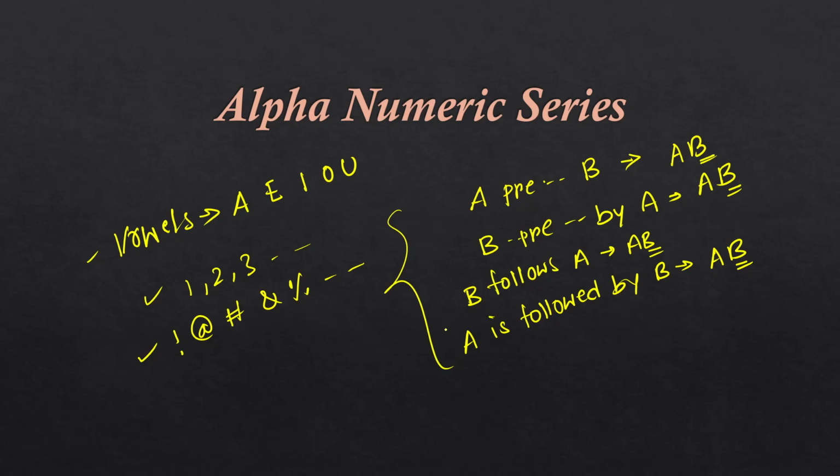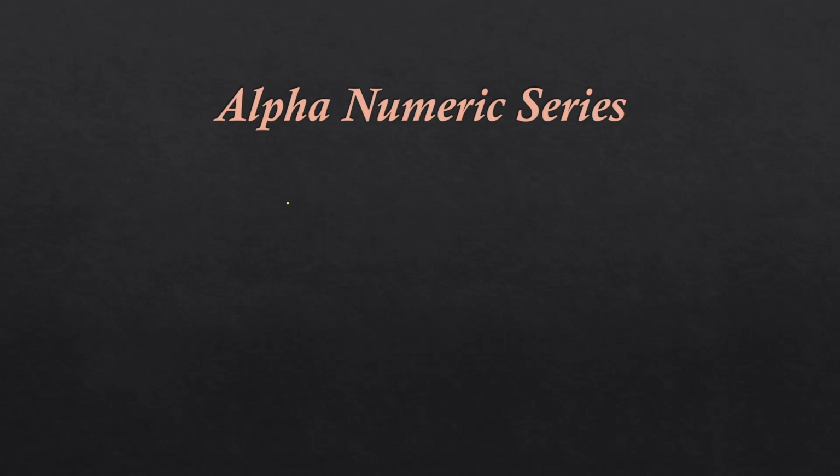Now we have to learn about what are the only alphabet series, what are the only number series, what are the alphanumeric series, and what are the alphanumeric symbol series. So I am going to clean it, just a minute.